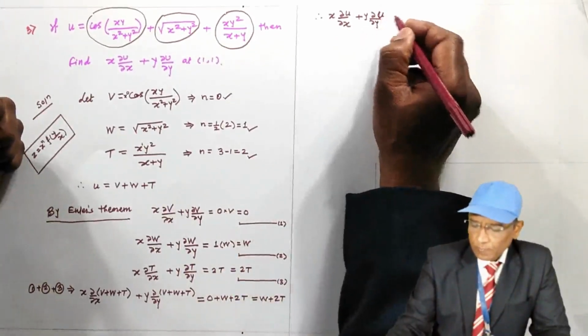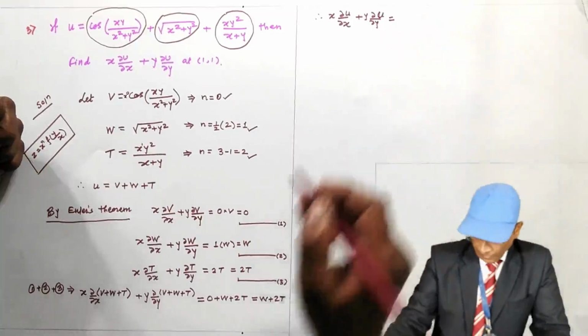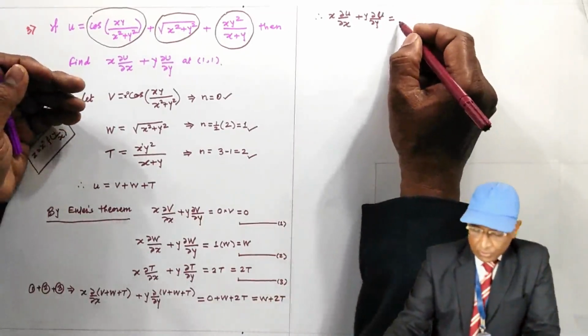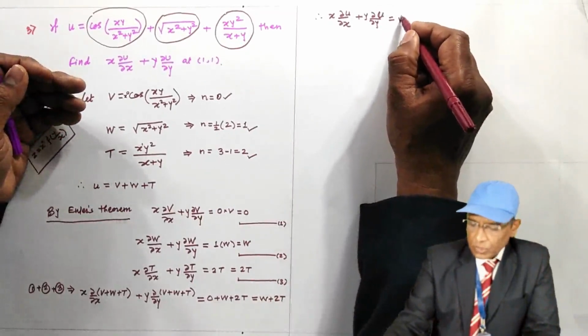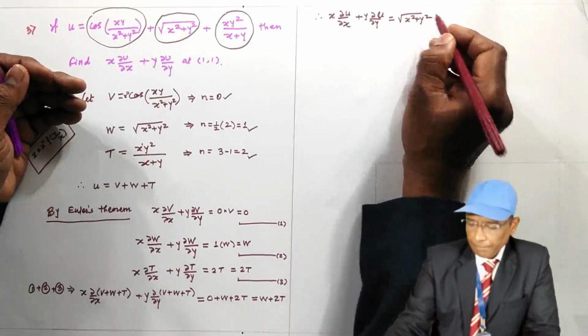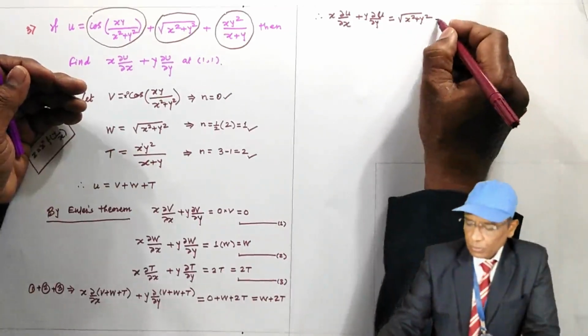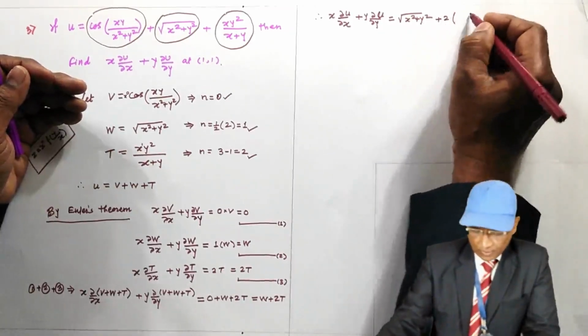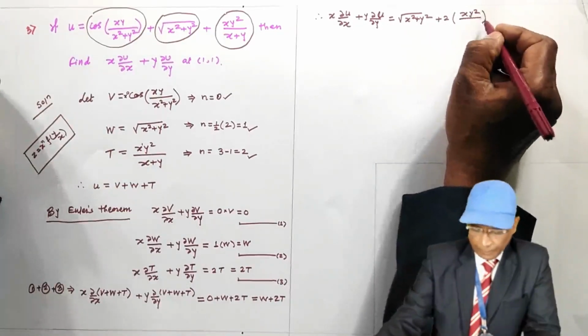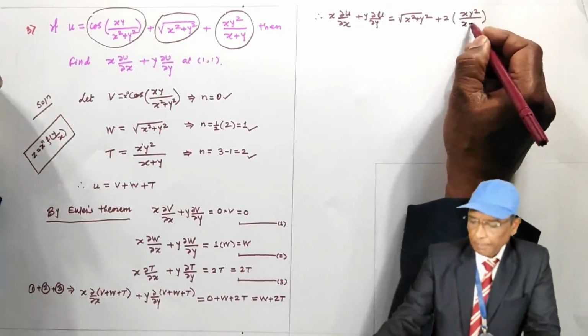U. This is equal to the right hand side. W, what is the value of W? W is under root X square plus Y square, and 2 multiplied by T. T is what? XY square by X plus Y.